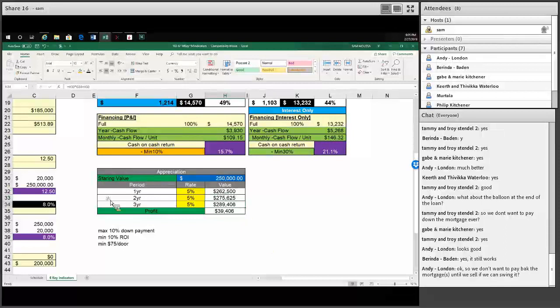Okay, so if I sell the property after 3 years, my profit for selling it will be $39,404.